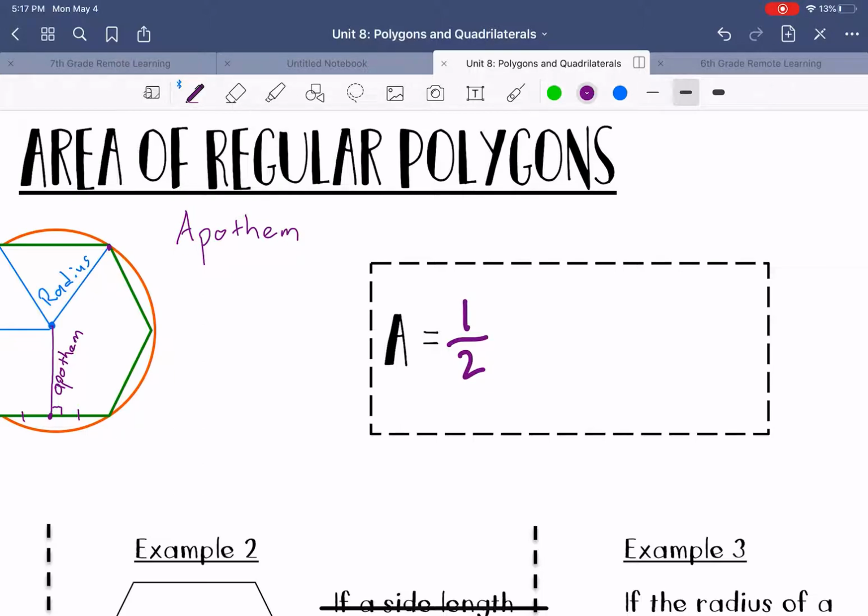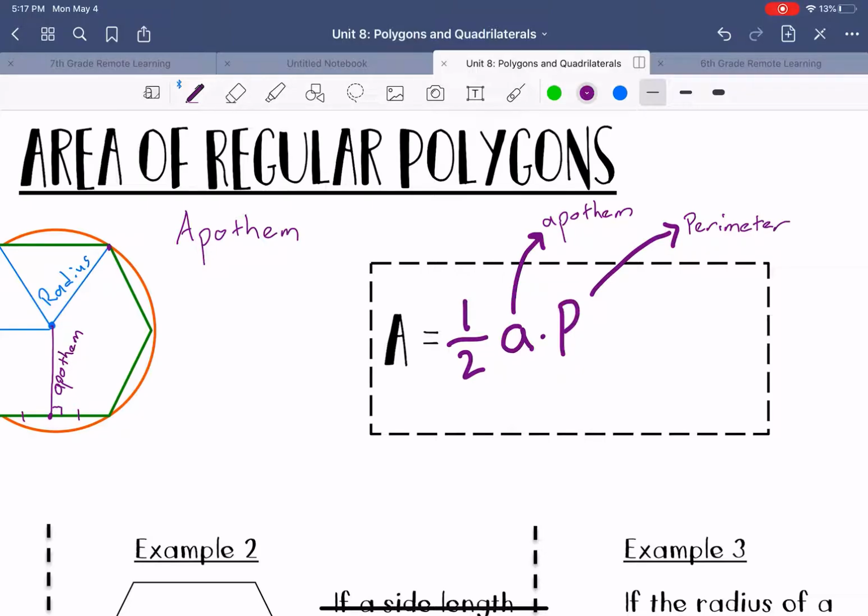So it's 1/2 of the product of the length of the apothem, so A stands for apothem, times the perimeter. So 1/2 AP means 1/2 the length of the apothem times the distance of the perimeter.